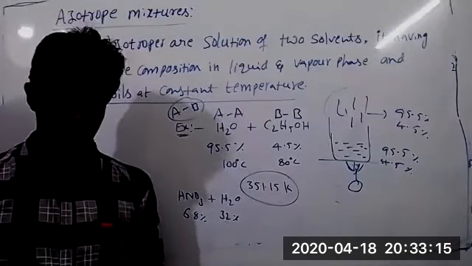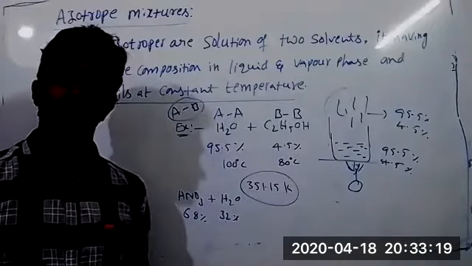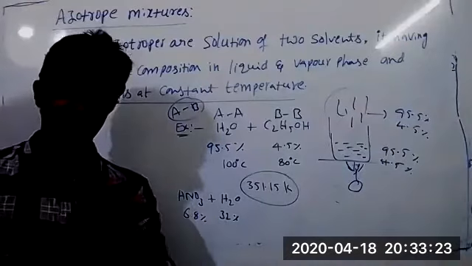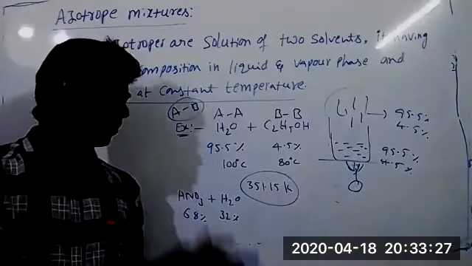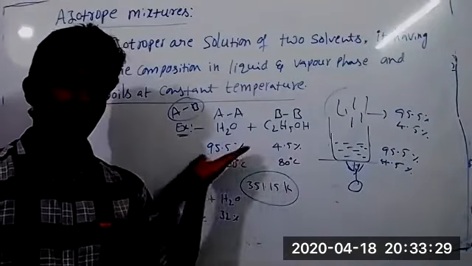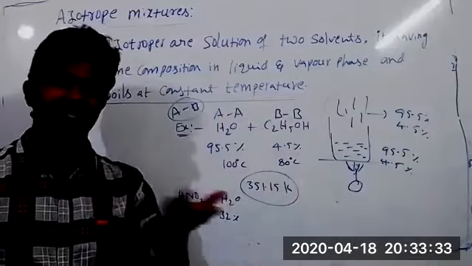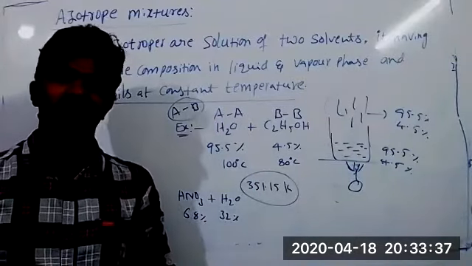By trial and error methods, we follow to get an azeotrope solution. First taking 1% and 99%, next 2% and 98%. Taking like this and going through the procedure, do they maintain the same boiling point or not? It's a big process. Finding just one azeotrope solution takes 3 years or 5 years.